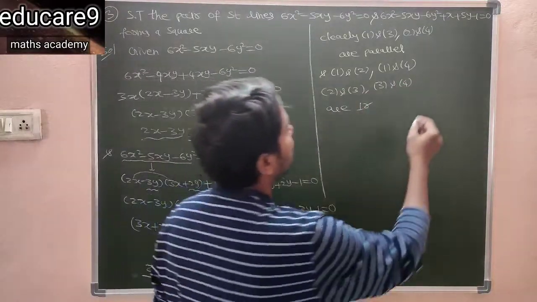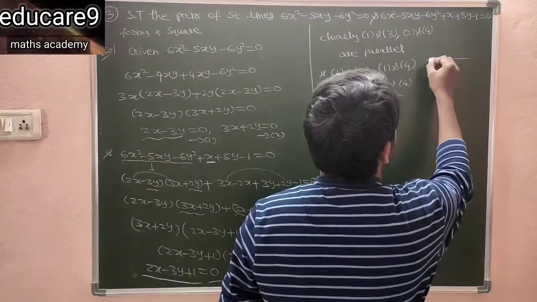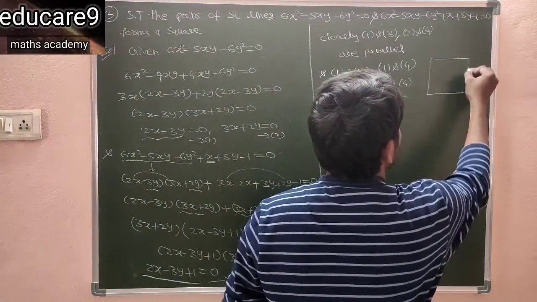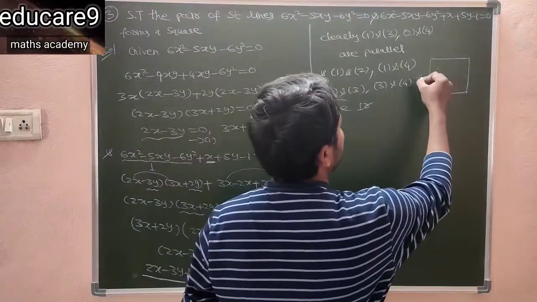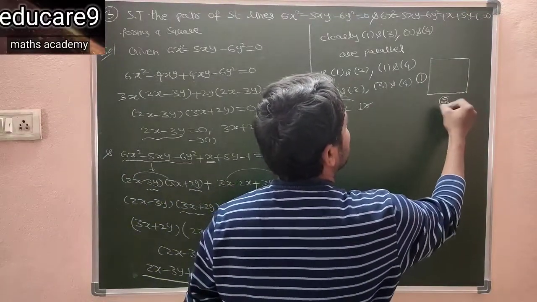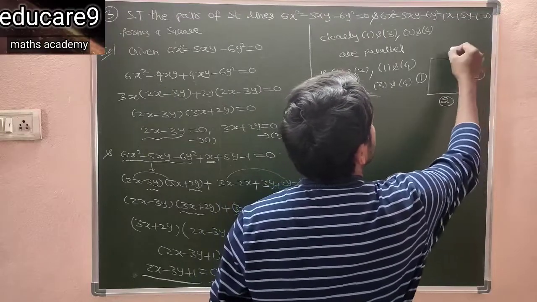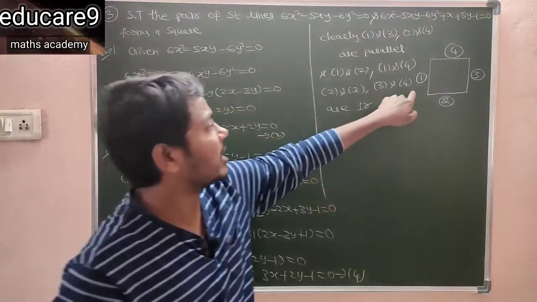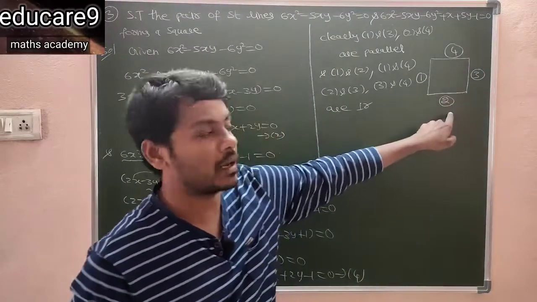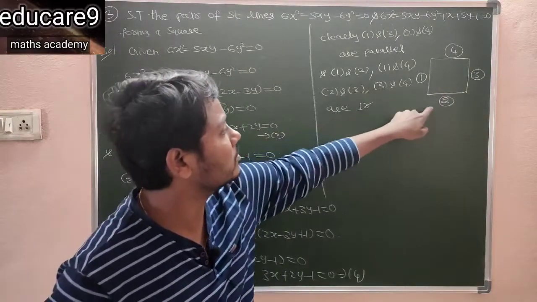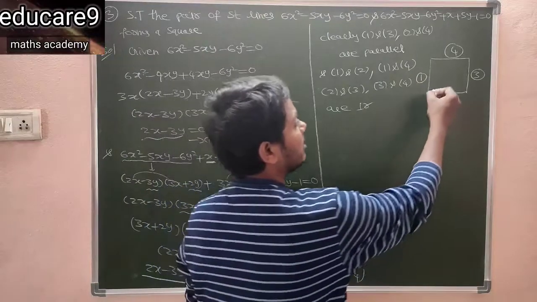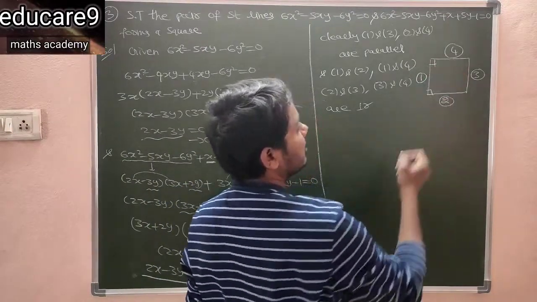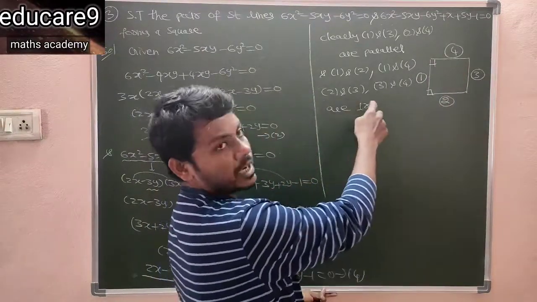So see here, this is equation 1 and this is equation 2. This is equation 3, this is equation 4. See here, 1 and 3 parallel, 2 and 4 parallel. And 1 and 2, next 1 and 4 perpendicular. Next 3 and 4, 2 and 3 also perpendicular.